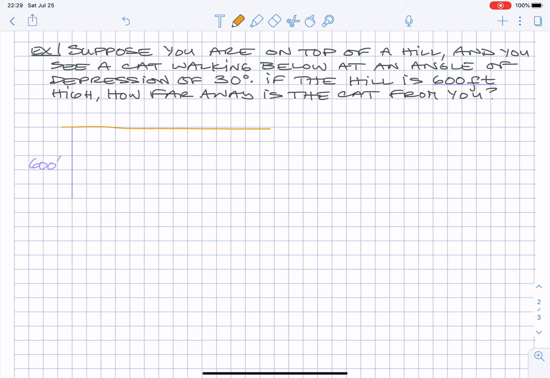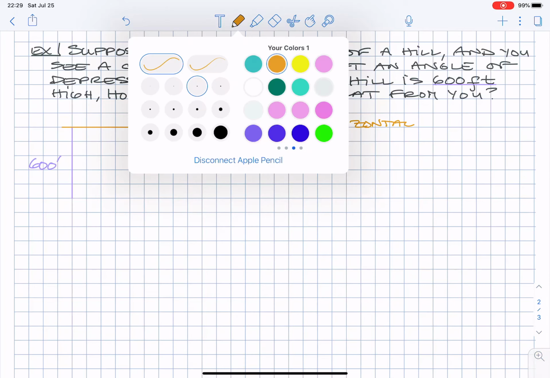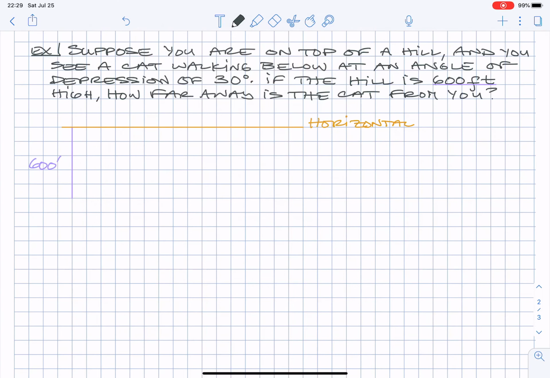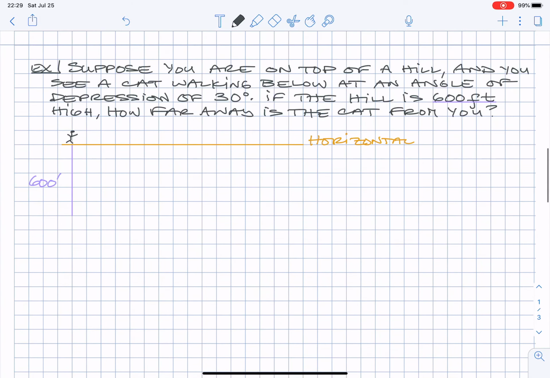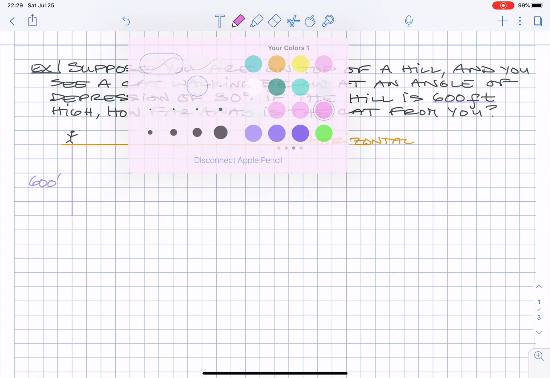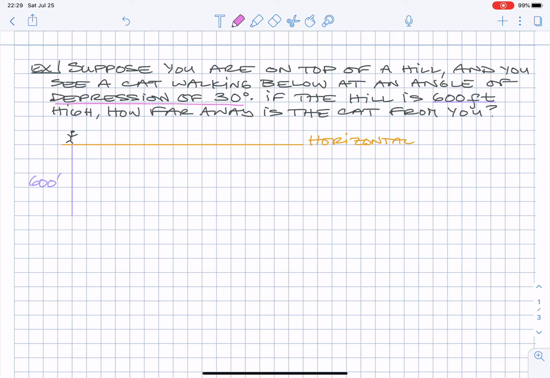So you're on top of the hill, so this is the horizontal. And I know it's going to go down because it's an angle of depression. So you are right here. And the angle of depression turns out to be 30 degrees.